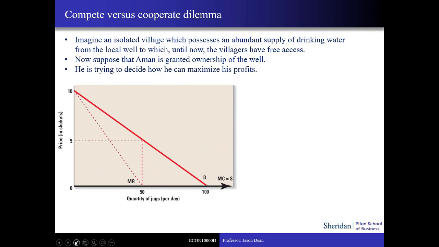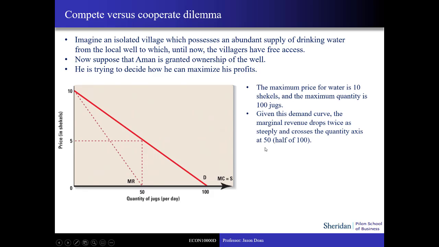Remember, we had a graph with the demand curve, and then we had a parabola shape underneath, which was the total revenue, and it maximized at the center of the demand curve. So in this case, because the marginal costs are 0, Aman would want to charge 5 shekels per unit of water. And that would maximize his revenue, and in this case also his profit, only because we're assuming marginal costs are equal to 0.